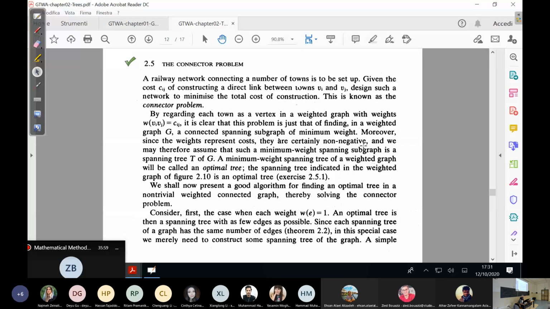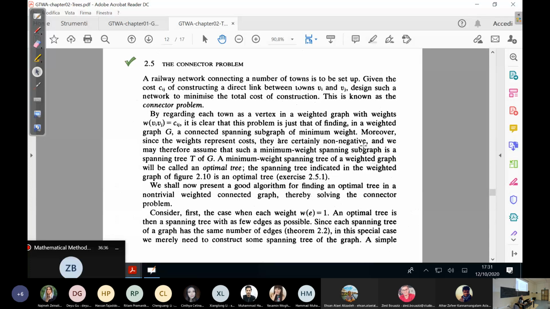And you might want to minimize the connection. Meaning what? Meaning that we want to have a subgraph of the given graph by which you can reach from any town, from any vertex, any other vertex. Not only, but the total sum of the weights of the selected edges is the minimum possible with respect to that particular weighted graph.